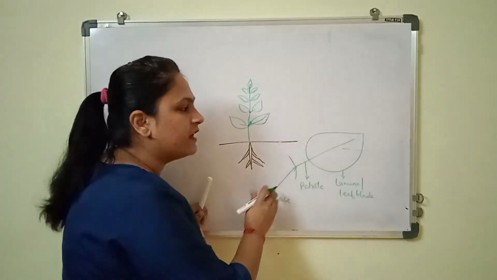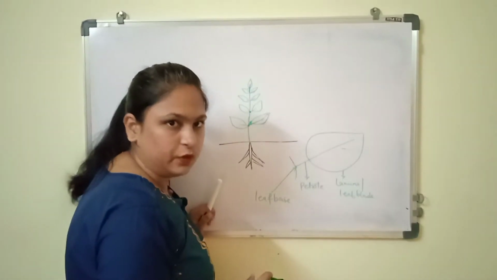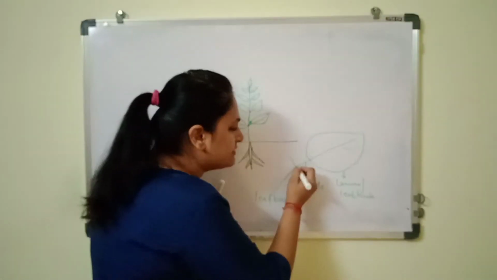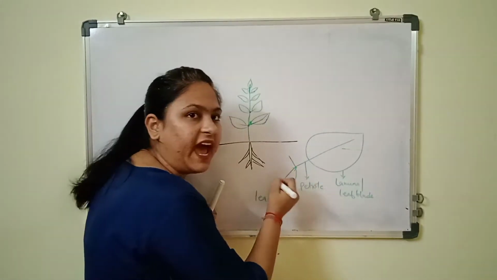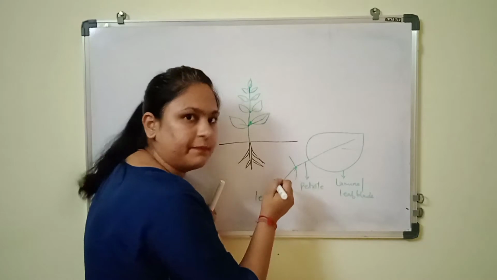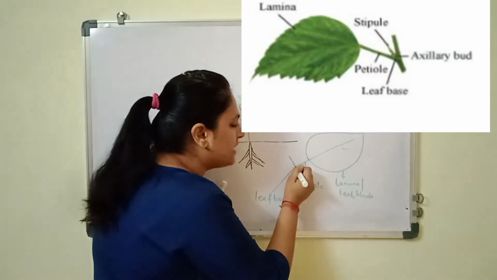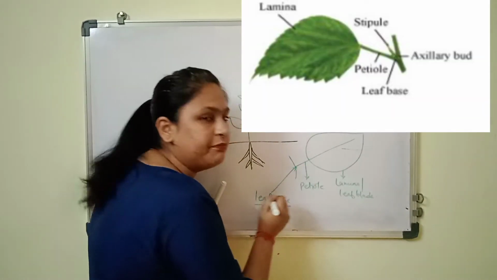Now what are the functions of all these three? The leaf base functions to attach the leaf to the stem. So the leaf is attached to the stem with the leaf base.